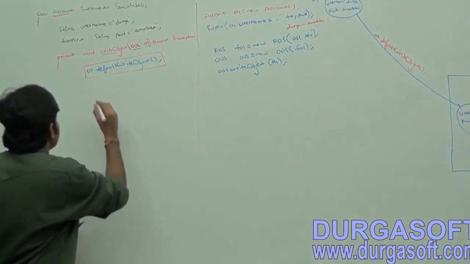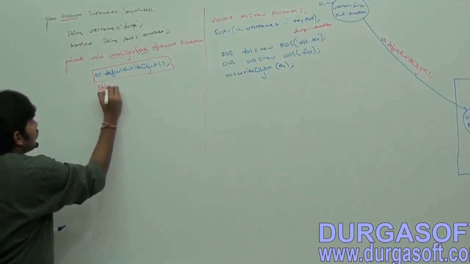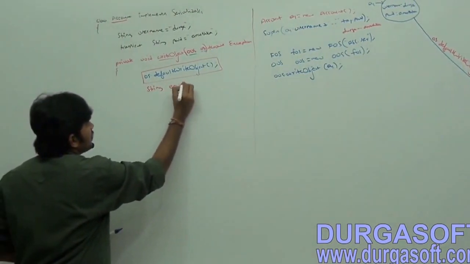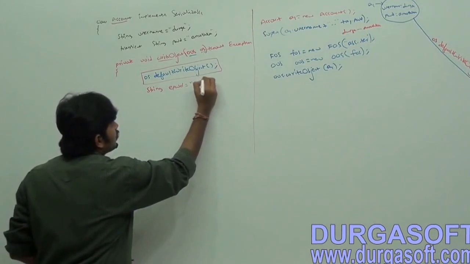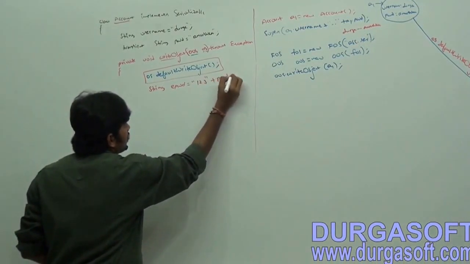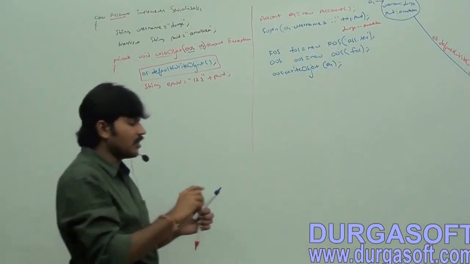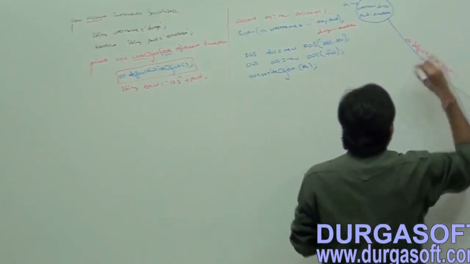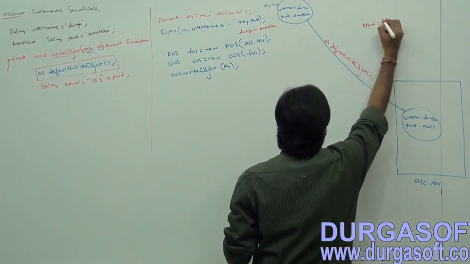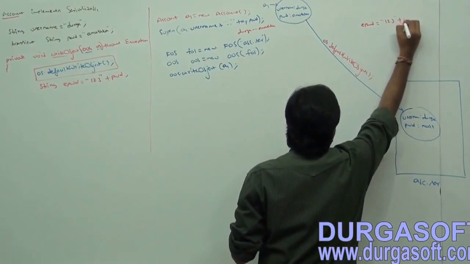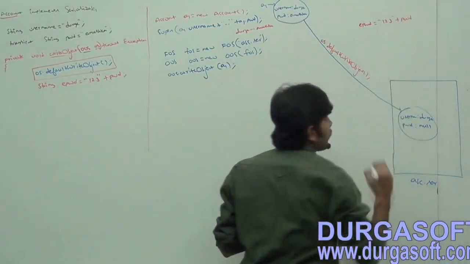So next step: String epassword is equal to what is the code? 123 plus original password. So I am preparing epassword as 123 plus original password.